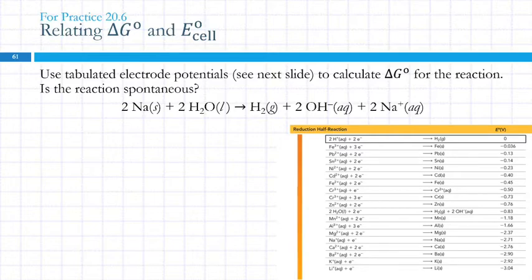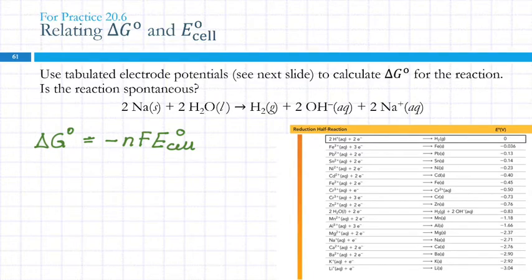So the relationship we just learned is that delta G0 is equal to negative nF E cell 0. So to calculate delta G, we need to know what E cell 0, the standard cell potential, is. So we need to look at the two half reactions that are occurring here.